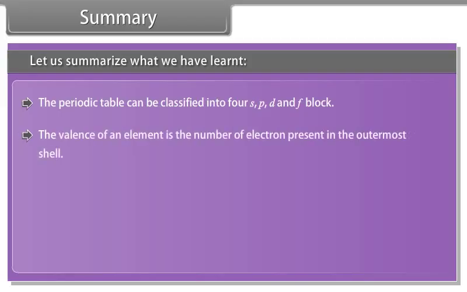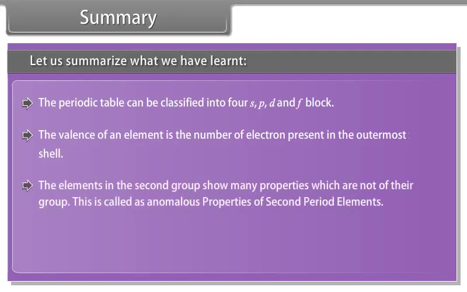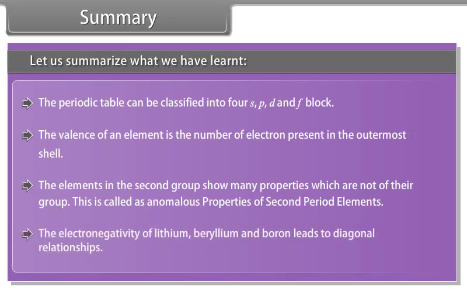The valency of an element is the number of electrons present in the outermost shell. The elements in the second period show many properties which are not shared by the rest of their group. This is called anomalous properties of second period elements. The electronegativity of lithium, beryllium and boron leads to diagonal relationships.